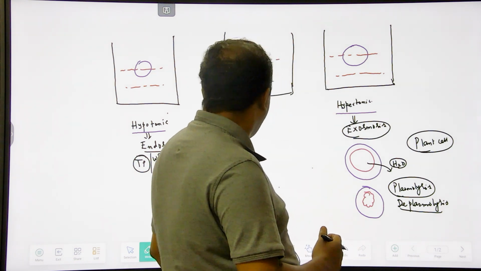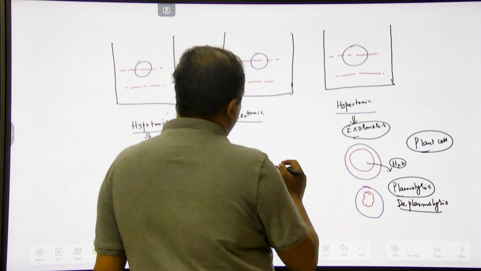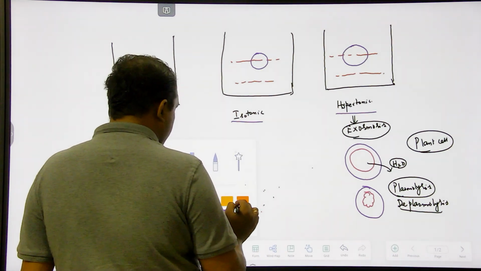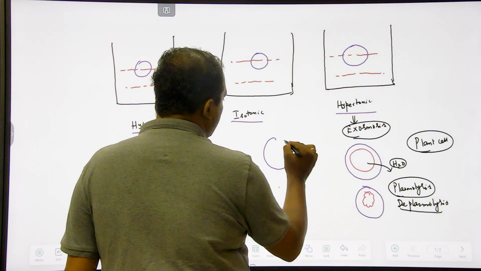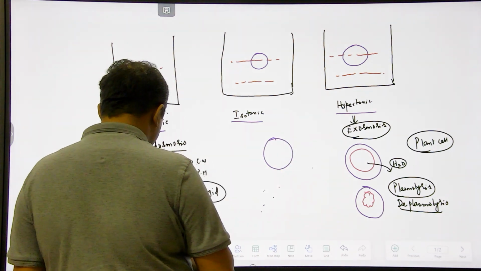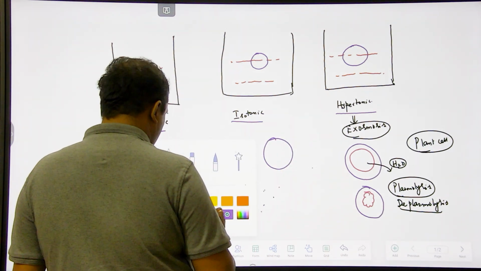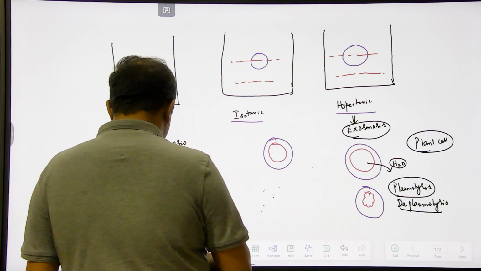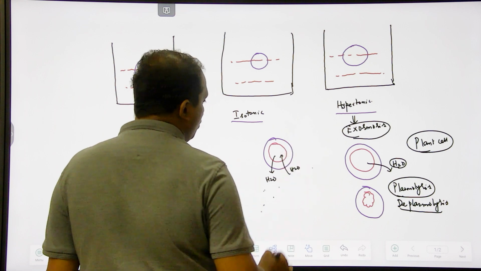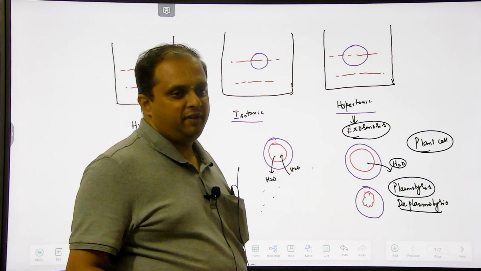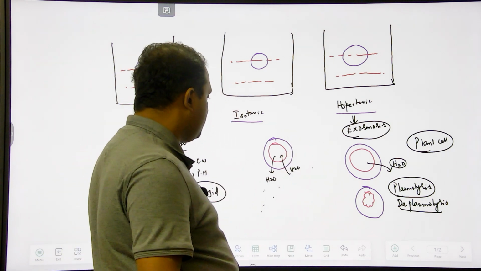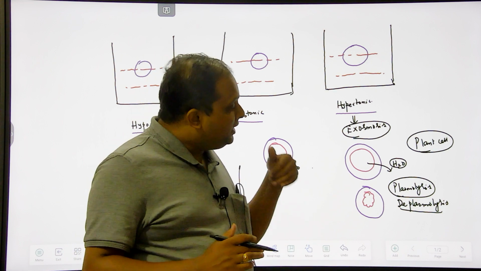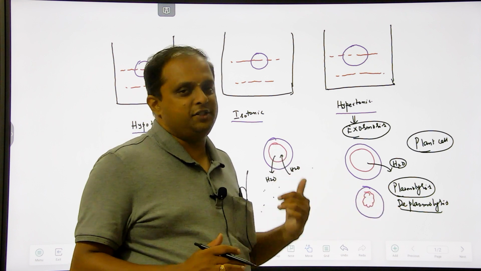Whereas in isotonic, what is going to happen? The cell is neither going to take water nor going to lose water. That's what we have discussed, which means that there is no net movement of water, as we have seen in the previous case. So the cell is going to have a normal amount of water, so it is neither plasmolyzed nor turgid.